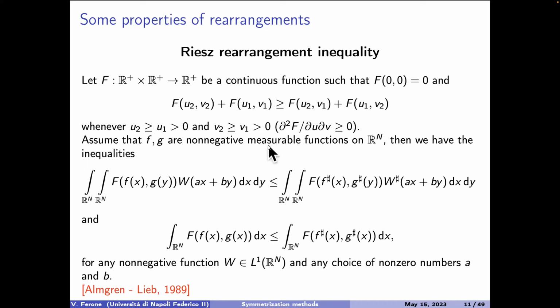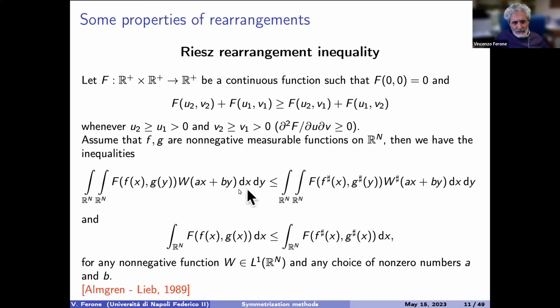Okay, if f and g are non-negative measurable functions, then we can say that the double integral of capital F, combined with f of x and g of y times w of ax plus by, is less than or equal to the same quantity computed with f sharp instead of f, g sharp instead of g, w sharp instead of w.